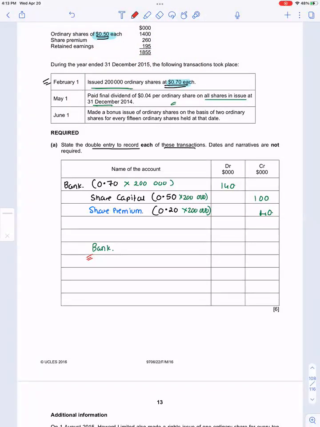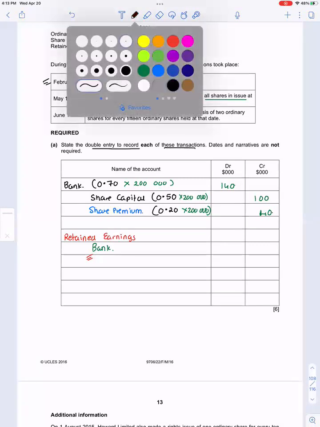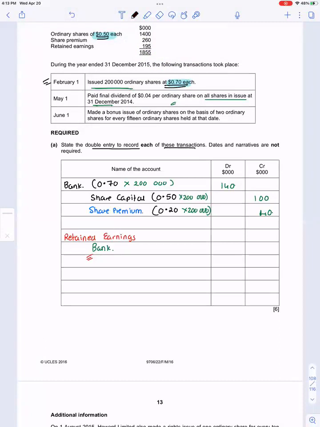From retained earnings. So you will reduce retained earnings. If I'm reducing retained earnings, I will debit retained earnings. Yes or no?